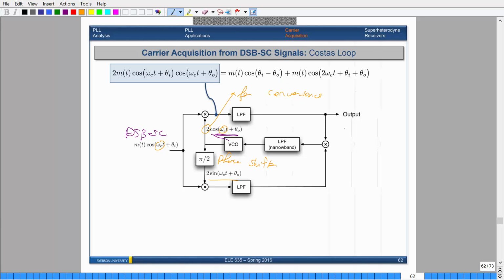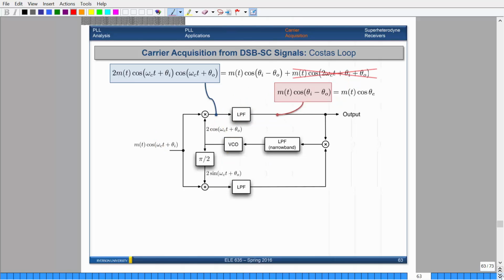So you actually get this and this. Then when you apply a low-pass filter, this second component will disappear, because that's what the low-pass filter does. So the output you get is just some constant factor that looks at the difference between the phase of the input and the phase of the voltage controlled oscillator, multiplied by your message. So this gets filtered out, and this is what we get here.